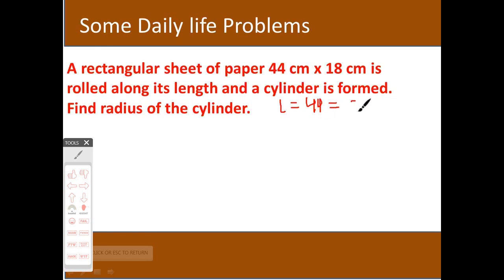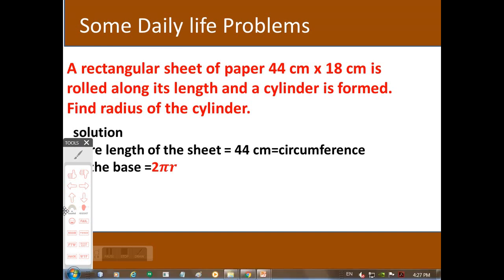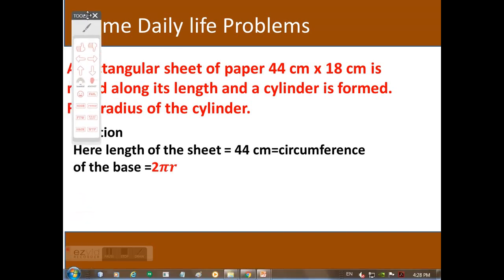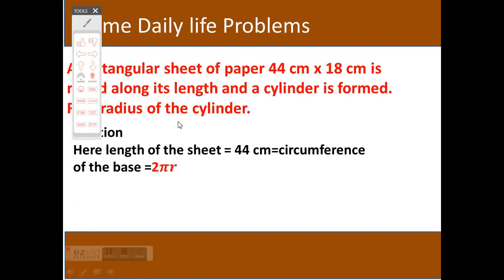The length of the sheet is the circumference of the base of the cylinder, that is 2 pi r, and here we have to find the radius of the cylinder. So 2 pi r is equal to 44 centimeter. By substituting the values, pi is 22/7 and radius we have to calculate. So by substituting these values we get r equal to 7 centimeter.